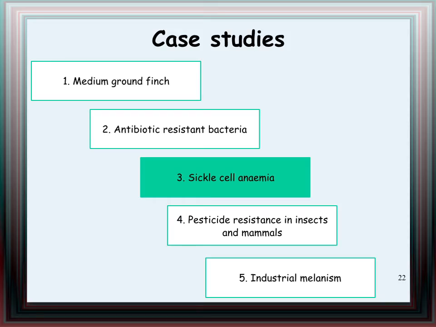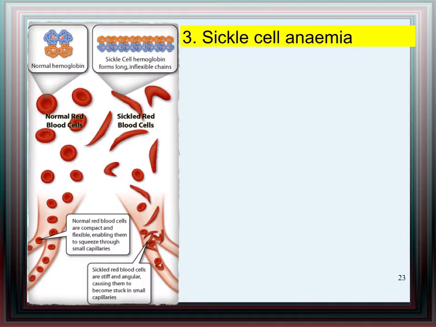Okay, right, let's have a look at sickle cell anemia. Just to recap, sickle cell anemia is caused by a point mutation in a single gene which codes for hemoglobin. So the red blood cells get pulled out of shape and form sickle-celled shapes that get stuck in small capillaries when the red blood cell is not carrying oxygen.